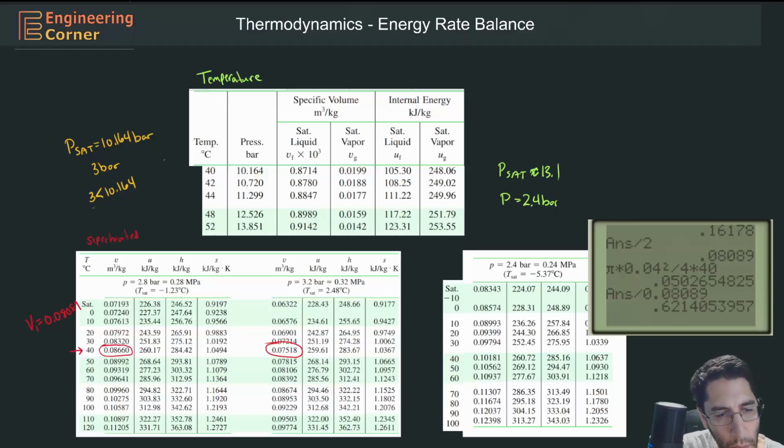Now what we need to do is go to 50, which is right here. Well, first we need to find our pressure. My pressure right here is 2.4 bar. Then I go to 50 on this table, and I get my specific volume, 0.10562.